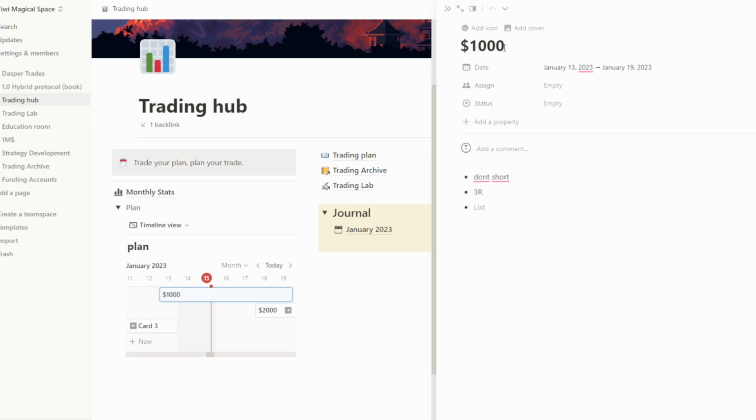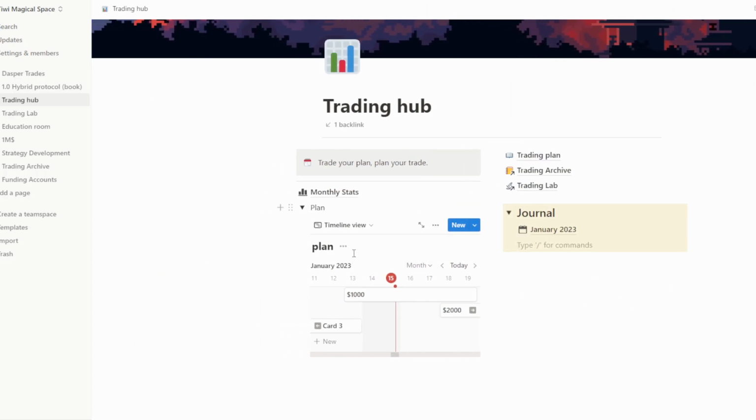Let's say you want to make $1,000 within this time period. Maybe you put in some rules. You can use a journal, database, whatever you want here. But I found this feature quite useful for tracking my progress as time goes on.